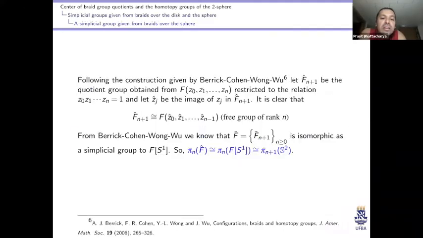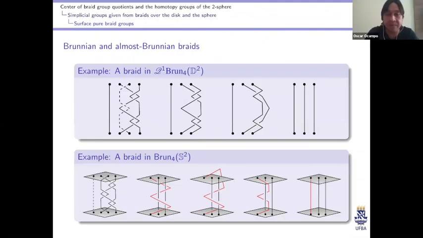Let me see. This is my example here. Okay, right. So these three strings, don't consider the first one. The second, third, and fourth strings, they are a braid, a Brunnian braid, in fact, and the closure of this braid is the Borromean rings.